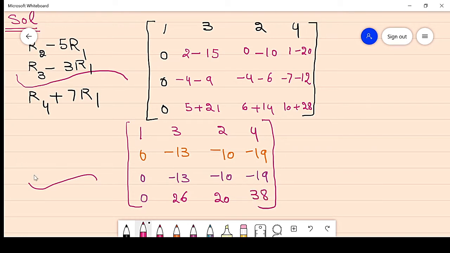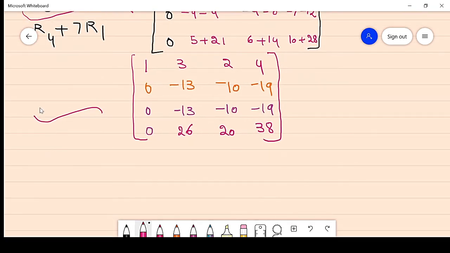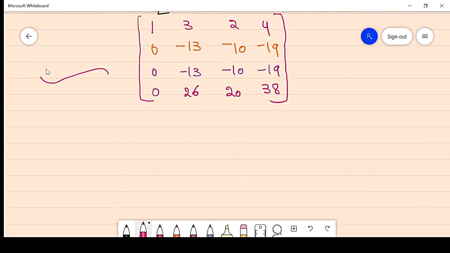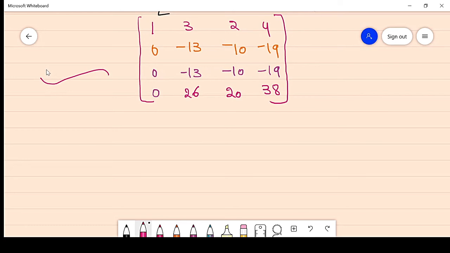By using these three operations, we get this kind of matrix.